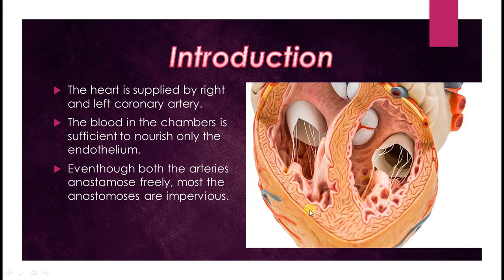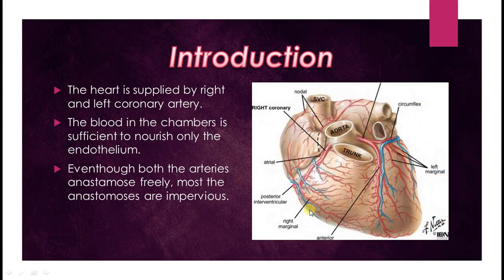Now, the right and left coronary arteries can also be called the vasa vasorum. What is vasa vasorum? It means a blood vessel supplying a blood vessel. Our heart itself is like a blood vessel. It is basically a fusion of two blood vessels, the ventral aortae, which are fused. They have undergone so many modifications.